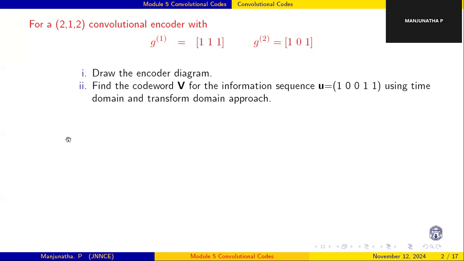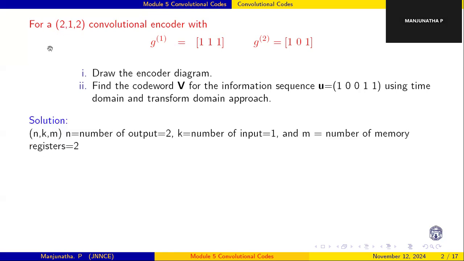Based on the given values, an encoder is usually represented as (n, k, m). n is the number of outputs, k is the number of inputs, and m is the number of memory registers, that is, the flip-flops.